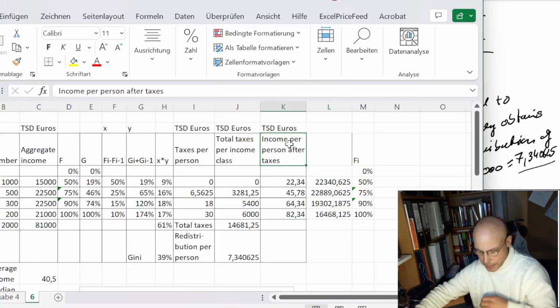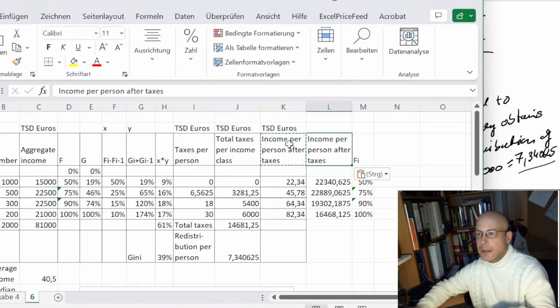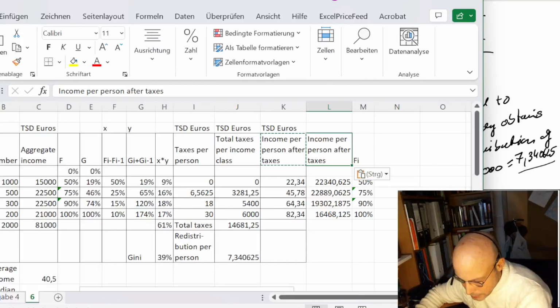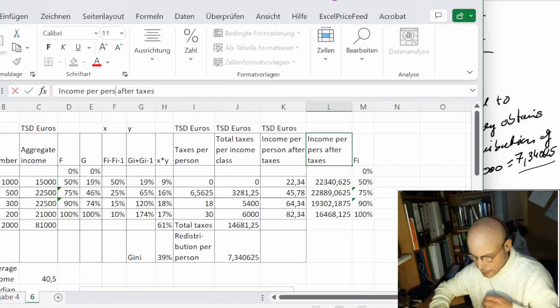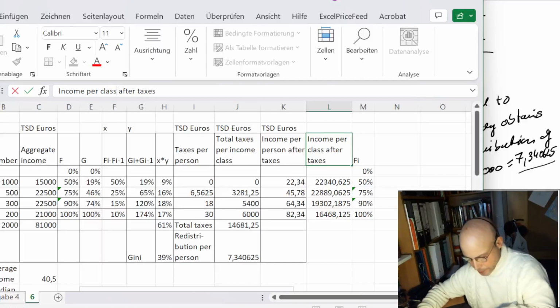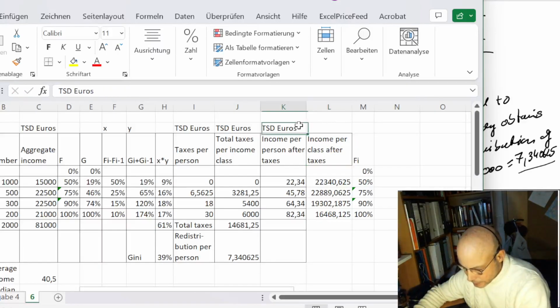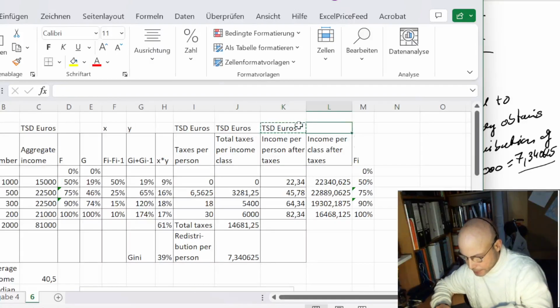So this would be the income per class after taxes. Okay, the next step.